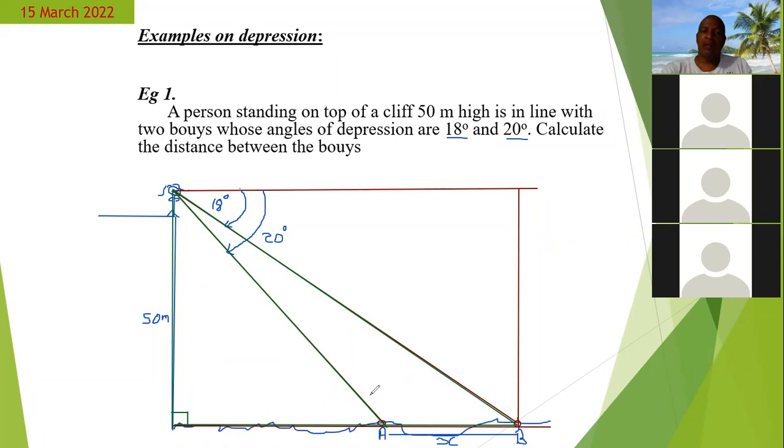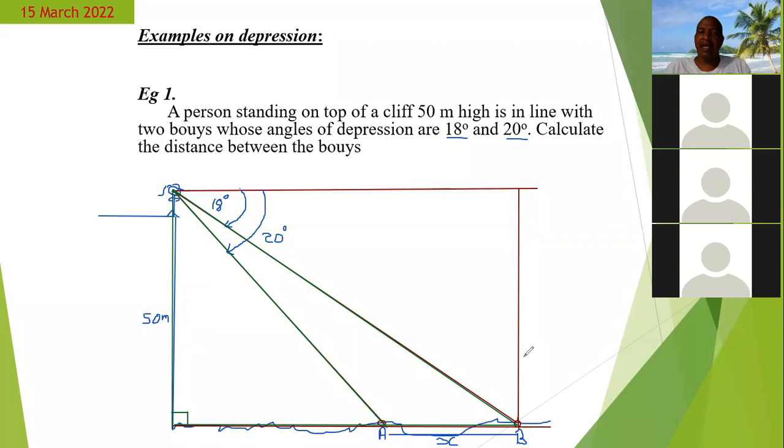Now, we are working with those two right angle triangles, and the two angles that we have for the depression are related to those two triangles. So how can we now get those triangles? Because those two triangles don't have any angle inside them. All you have is the angle of depressions outside.